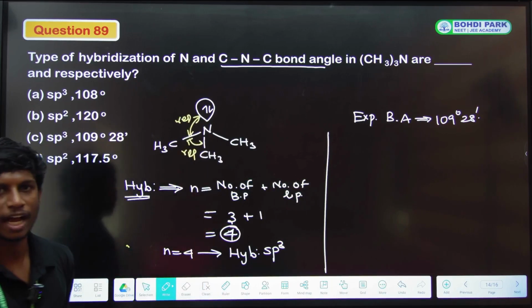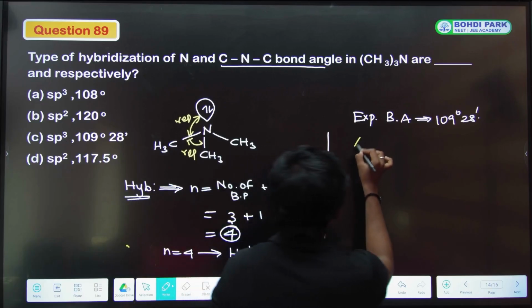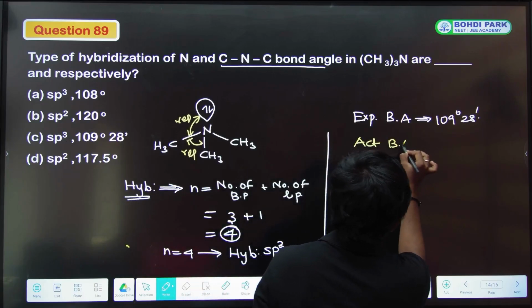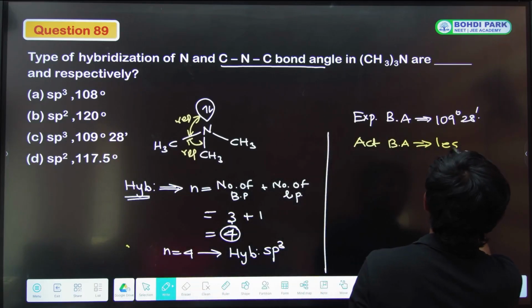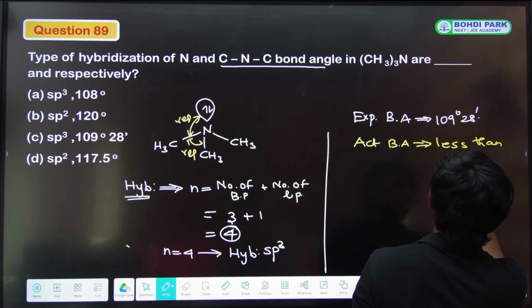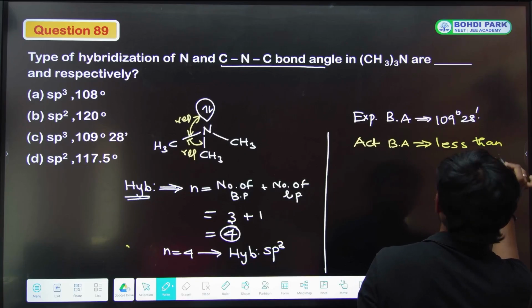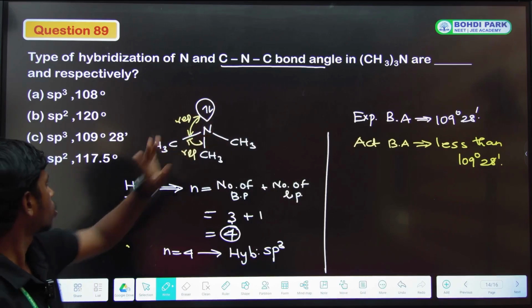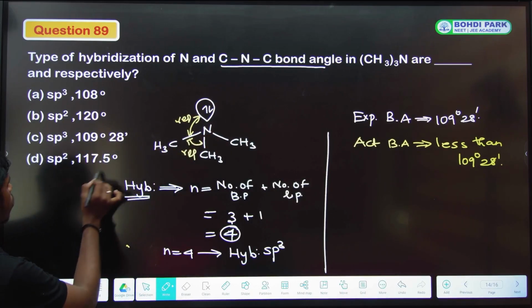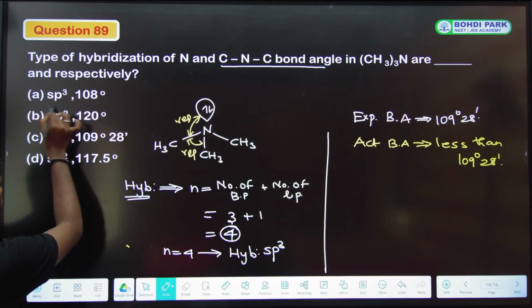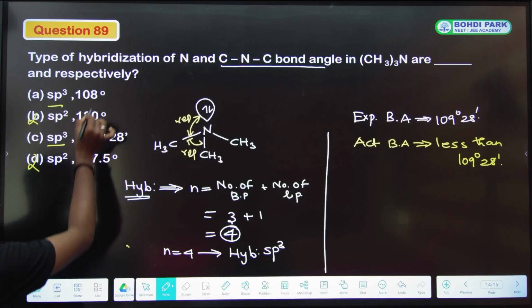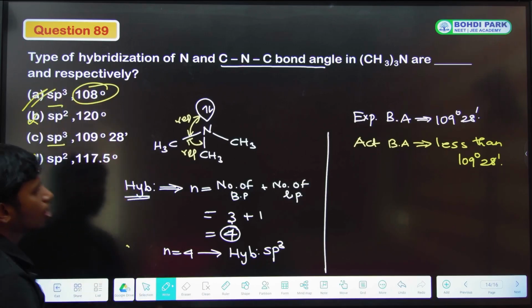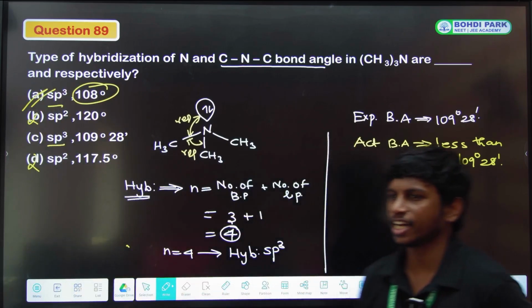So the bond angle will be less. So the actual bond angle will be slightly less than 109 degree 28 minutes. Okay வா, 109 degree இருக்காது, அதோட கொஞ்சம் குறைவா இருக்கும். So it will be equal to 108 degree. Option A will be the correct answer.